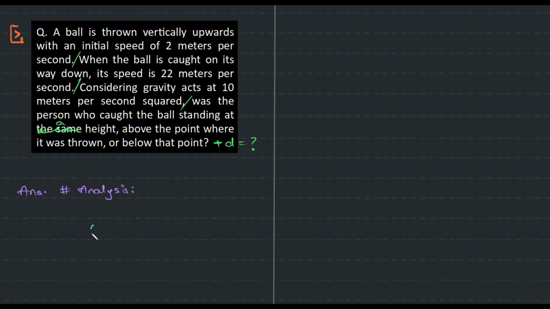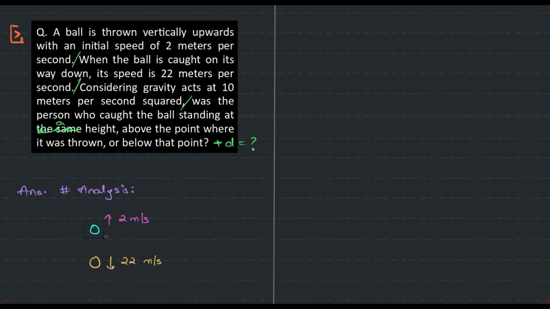I threw an object with the velocity of 2 meters per second. And I'm telling that the object has to be here, pointing downwards, for it to reach a speed of 22 meters per second. Quite simple, right?